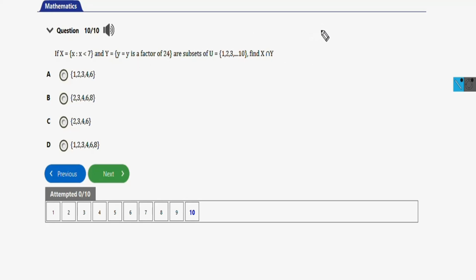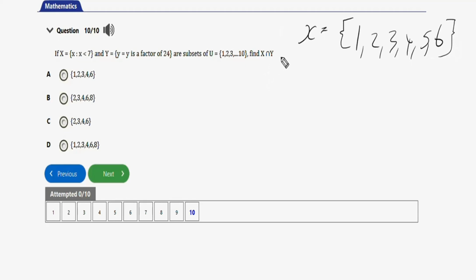So the values of X range from, let's say, 1 to 6: 1, 2, 3, 4, 5, 6.